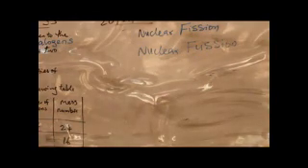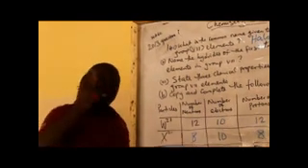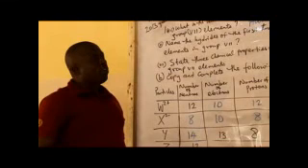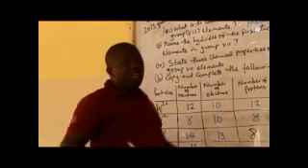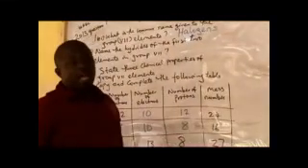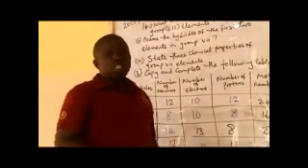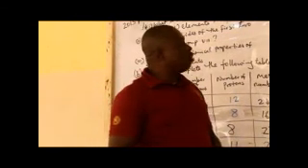Nuclear fission is the splitting of a heavy nucleus into smaller pieces with the release of energy and radiation, while nuclear fusion is the combination of smaller nuclei into a larger nucleus with the release of energy and radiation.